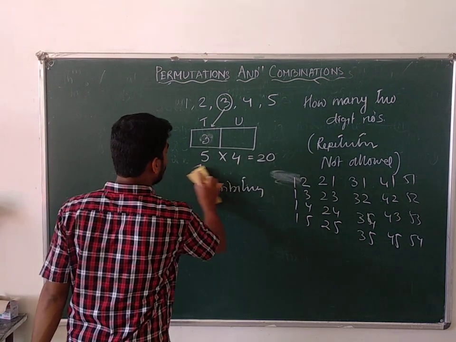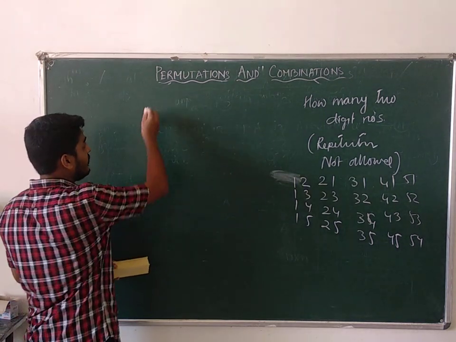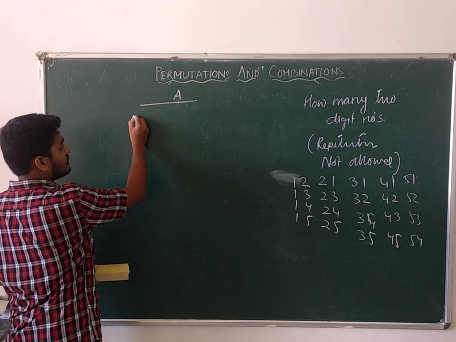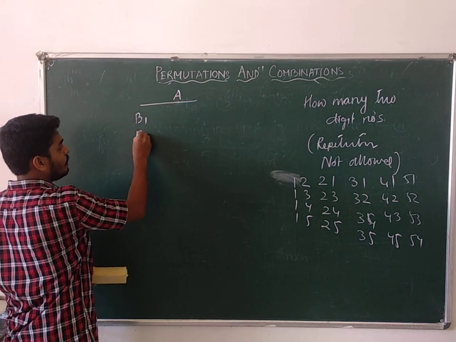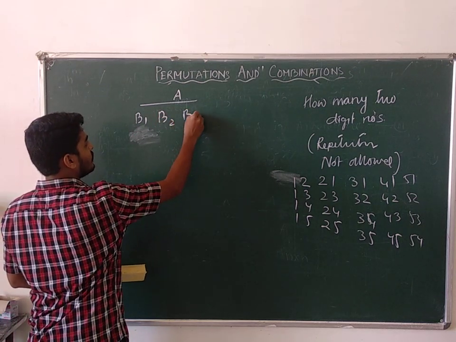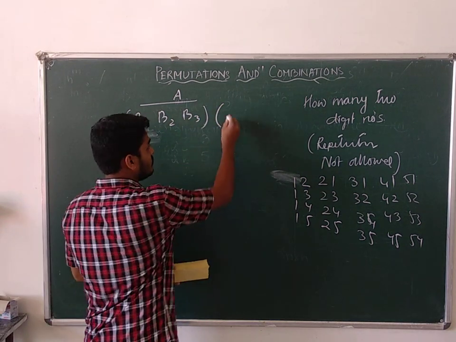So let us consider one other example. Suppose a student has 3 bags, bag 1, bag 2, and bag 3, as well as 2 water bottles.